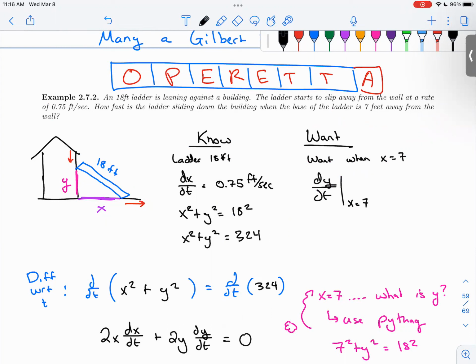If you define your variables at the beginning, then you don't need to write an English sentence at the end, because everyone knows what it is. You've already said that x is this and y is that, so you can just say dx/dt is negative 0.35 and call it good. But if you don't label what x and y are from the beginning, I have no idea what dx/dt means. If you don't draw a picture and define your variables, there's no way to know.